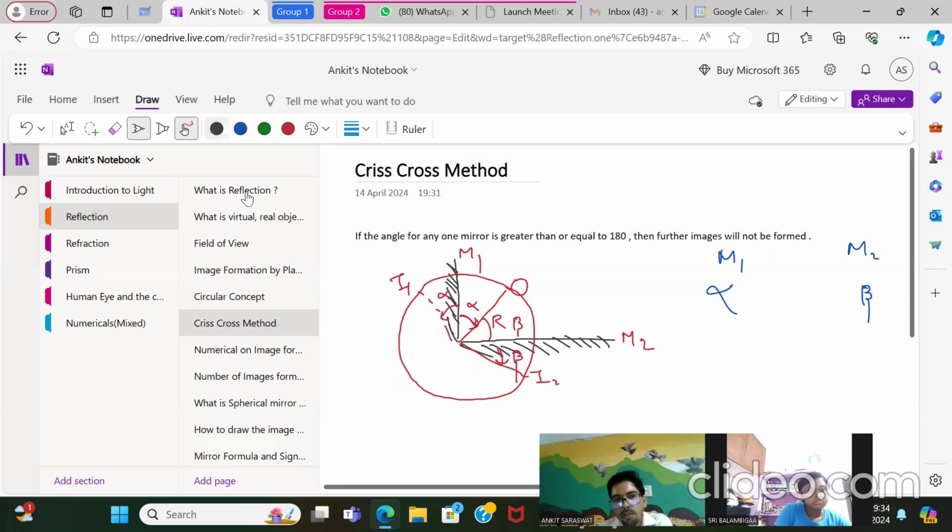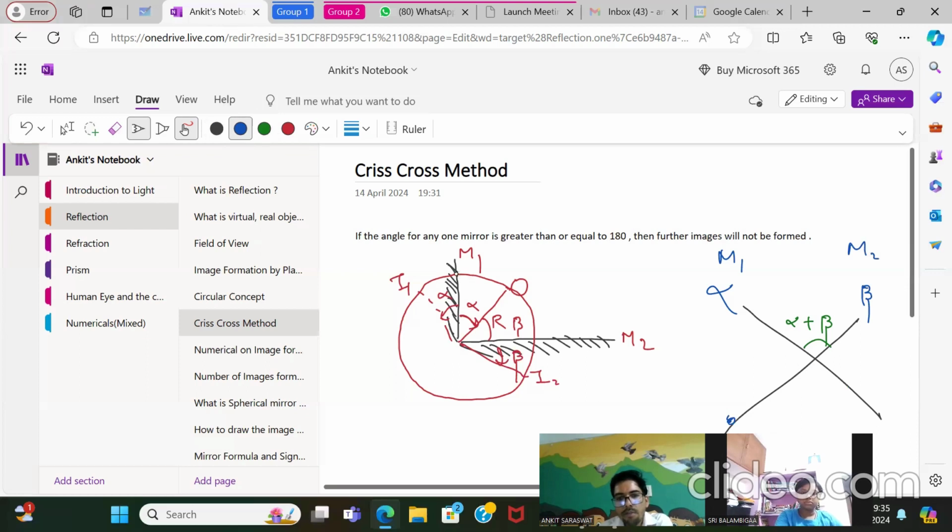Now take the cross, criss-cross, like this. Take the angle between the two mirrors, that is alpha plus beta. Now for M1, the next image will be formed.